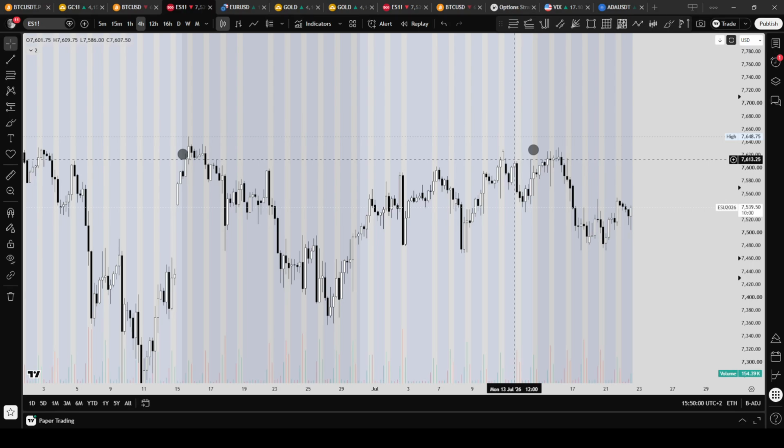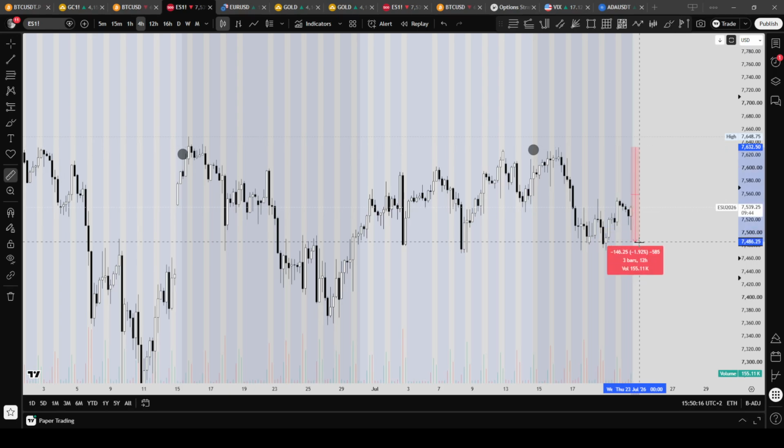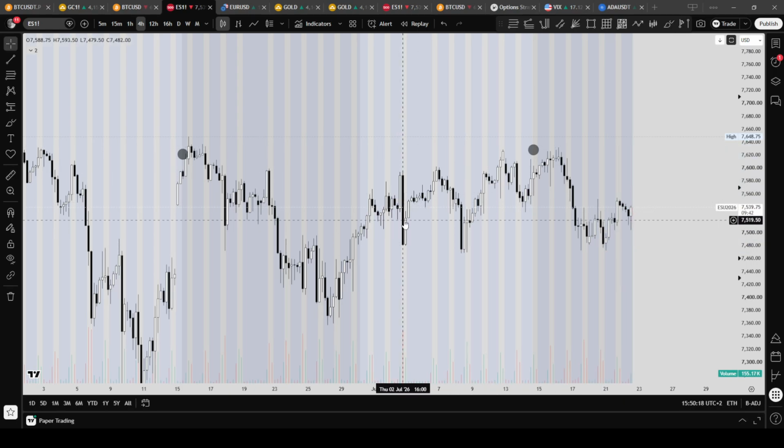As you can see, when you see this big dot here, most of the time we are going up, and then on the 14th, 15th, the day after, you have an SFP of the previous highs, and then down. A really good move down on ES, almost 2%. The previous moves down in the last month were one bar and one bar, so really hard to catch unless you work with limit orders.